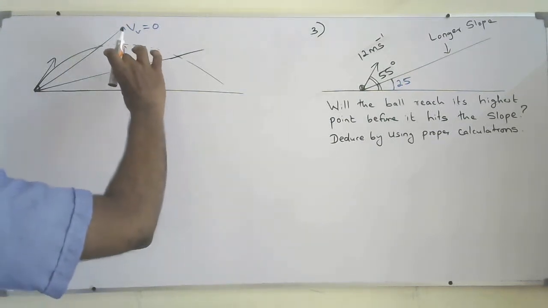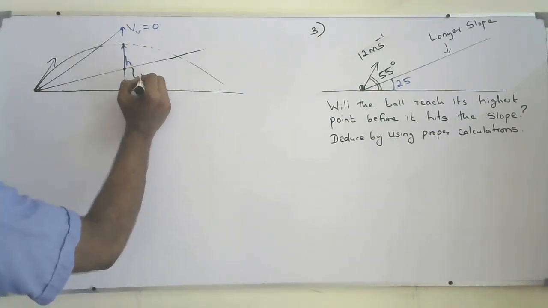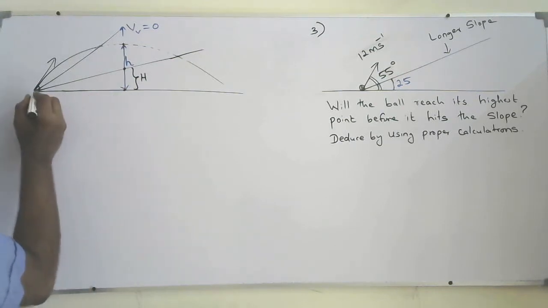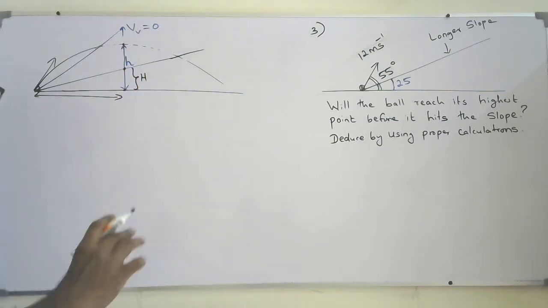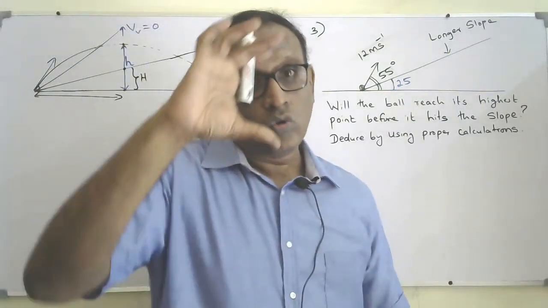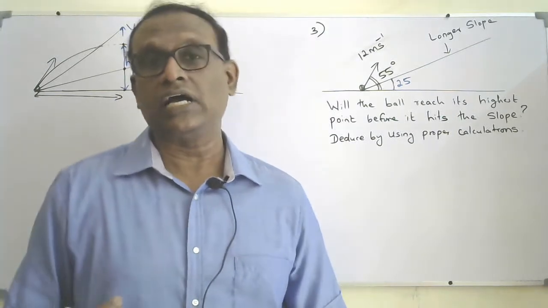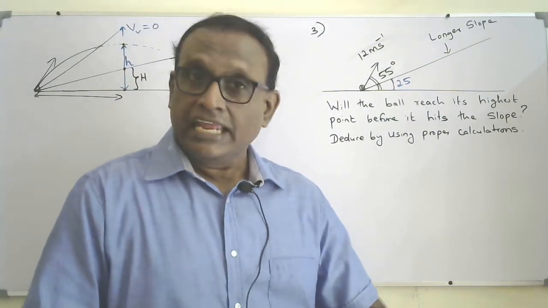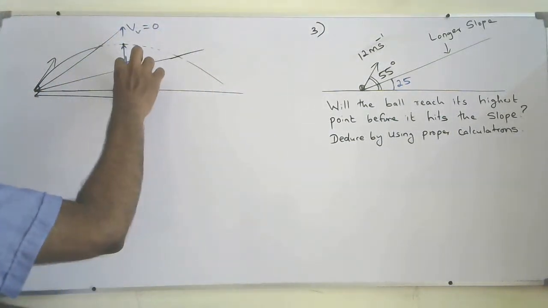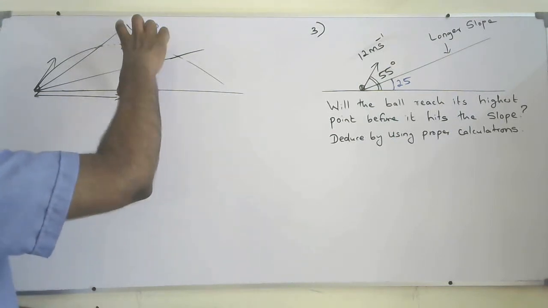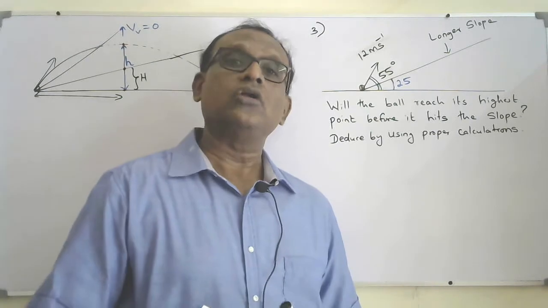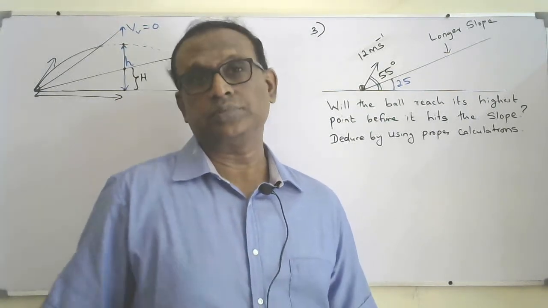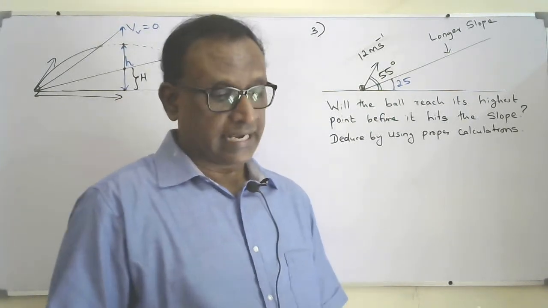So I will find the height of the slope h, the actual height of the slope when the horizontal displacement of the ball is equal to that at the highest point. If the height of the slope is smaller than the maximum height of the ball, that means the ball will not hit the slope. Understand? So that's the idea I'm going to do.